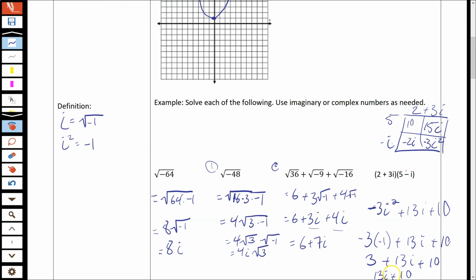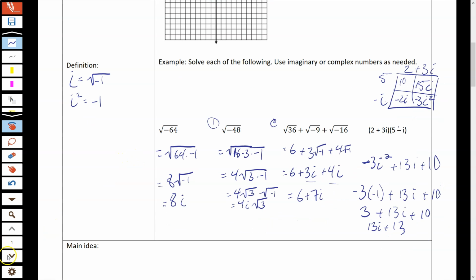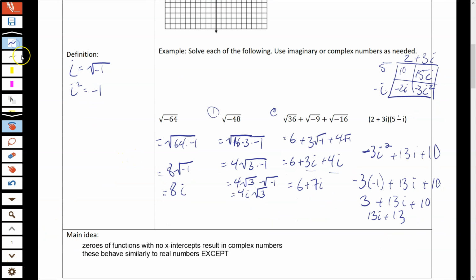So we have this thing that somebody literally made up to tackle these imaginary solutions, and it turns out it ends up following most of the same rules as all the rest of our numbers do, which is pretty satisfying. Our main idea here before we move on is that these numbers show up when we look for roots of functions with no x-intercepts.